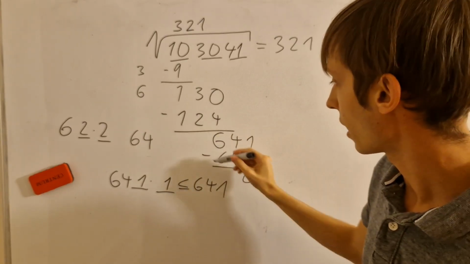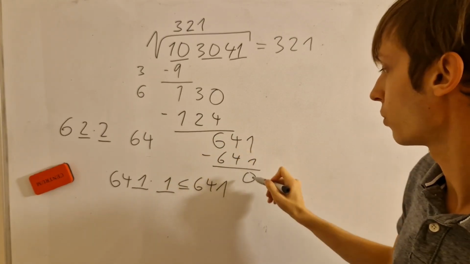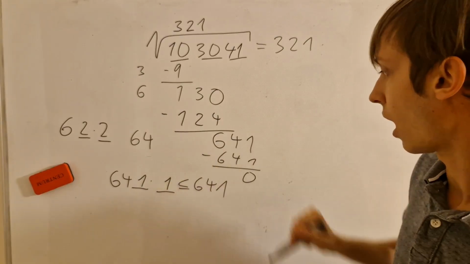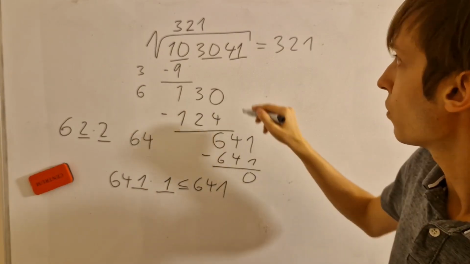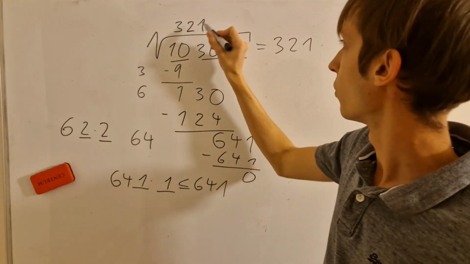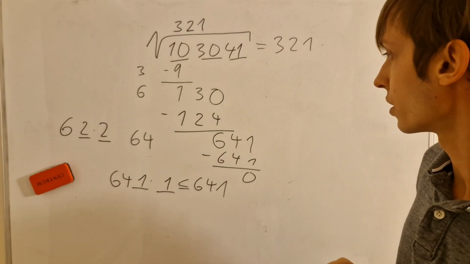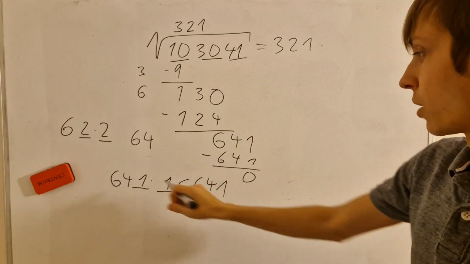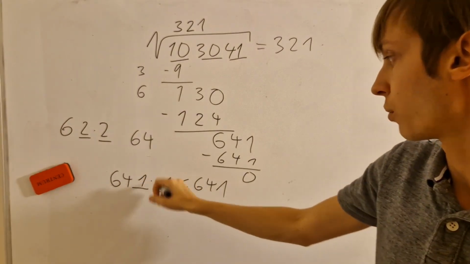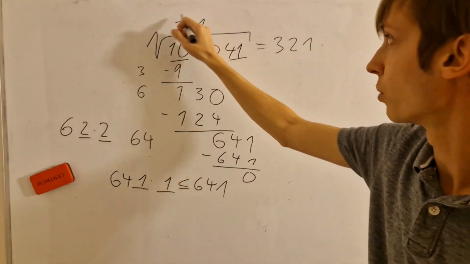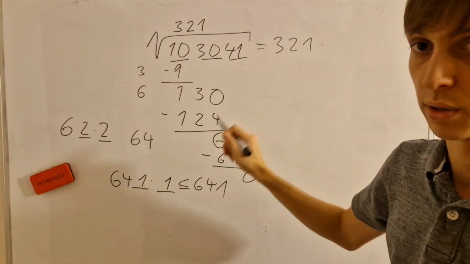And if we subtract from 641 we have 0 left. And here the algorithm ended. So now we got 1 here as well. That 1 was because it was contained in this 641. And so these 3 digits, 321, is the result of this square root.